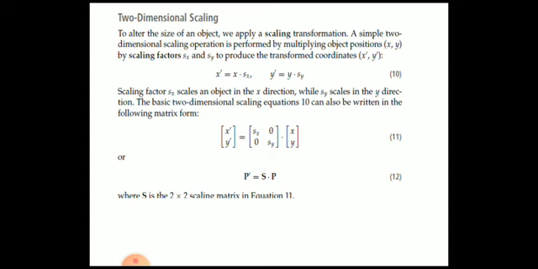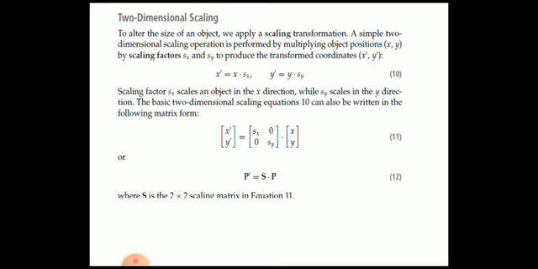The basic two-dimensional scaling equation, that is number 10, can also be written in the following matrix format. That is, x dash, y dash is equal to the matrix sx 0, 0 sy, multiplied by x, y.